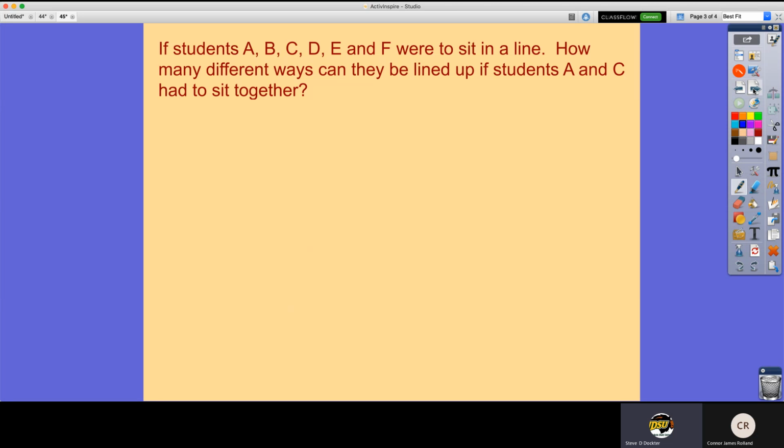How many different ways can they be lined up if you have to have those 2 kids that just have to sit next to each other? Yep, so Jordan and Kayla have to sit next to each other. We're going to call you A and C, though.